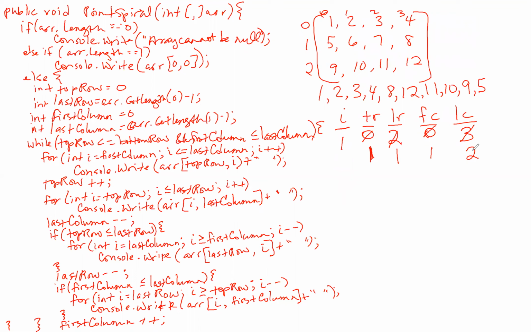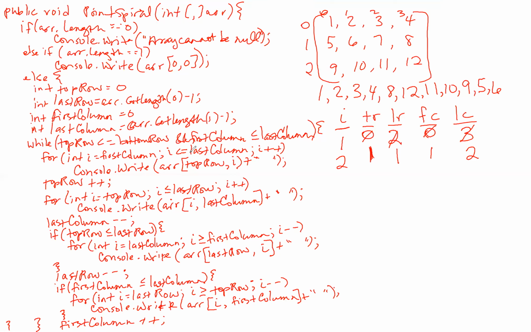Console.write array at top row, so top row is 1, and I is 1, so we're going to write the 6, and then I plus plus, so I becomes 2, and is 2 less than or equal to last column? Yes, it is.